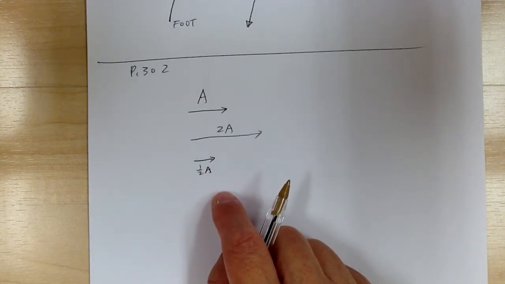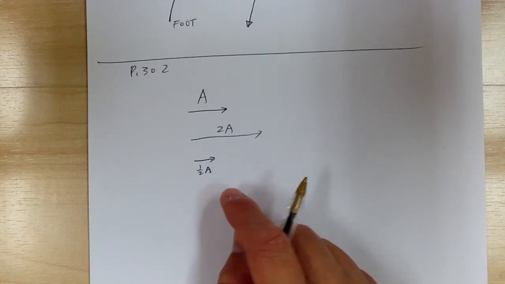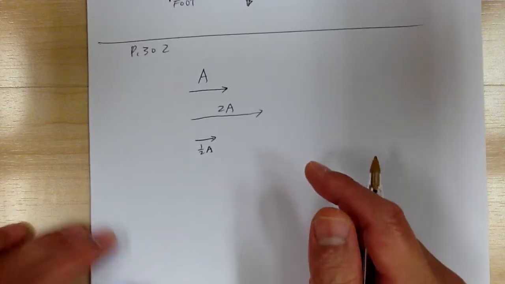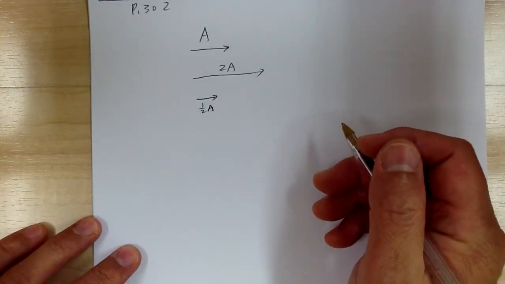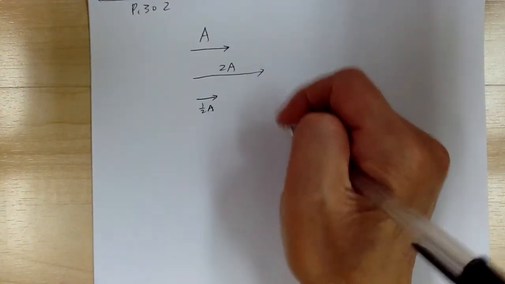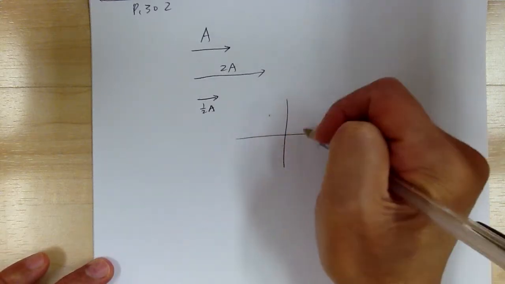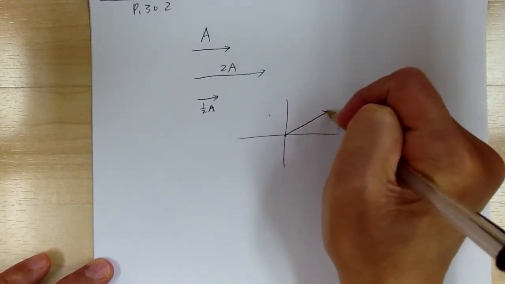Now you also can use the coordinate form, the component form. Let's say you have this vector over here.